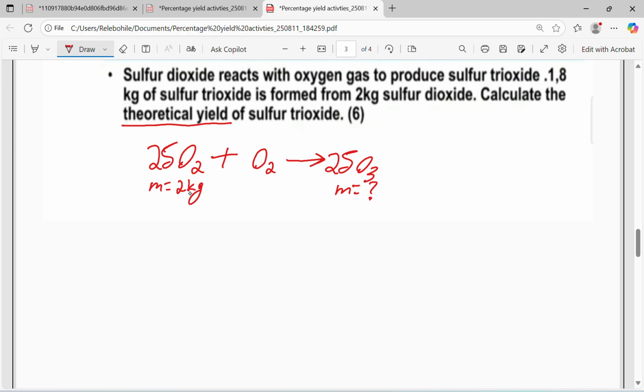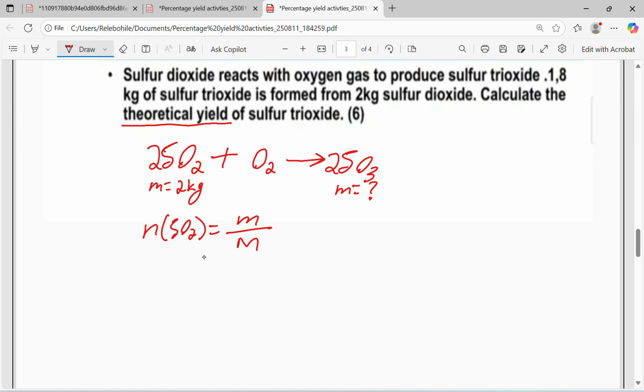I will use this mass of sulfur dioxide to get the number of moles of this substance. So n of sulfur dioxide is equal to mass divided by molar mass.